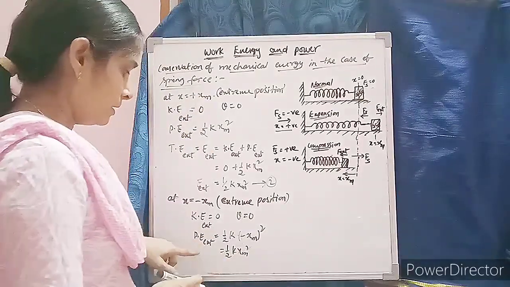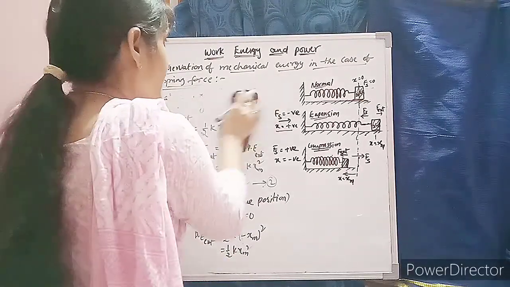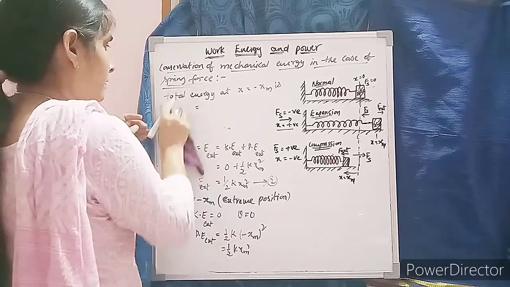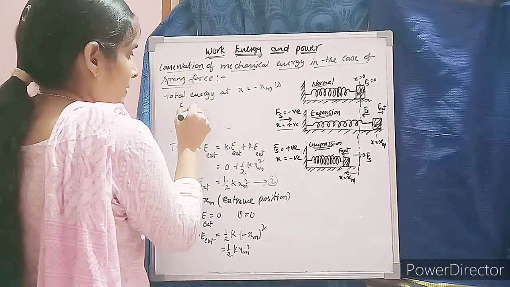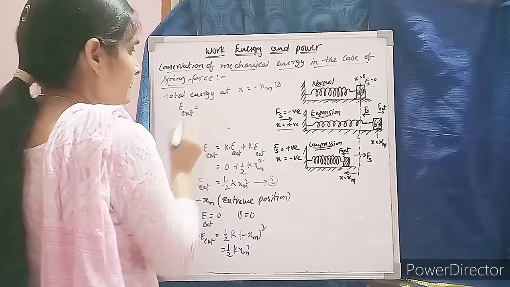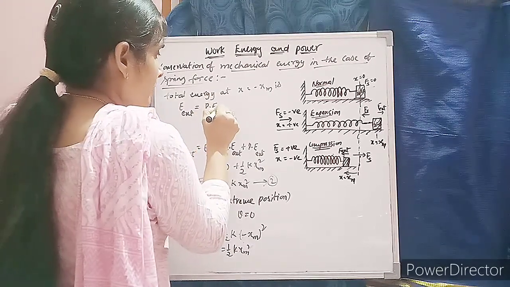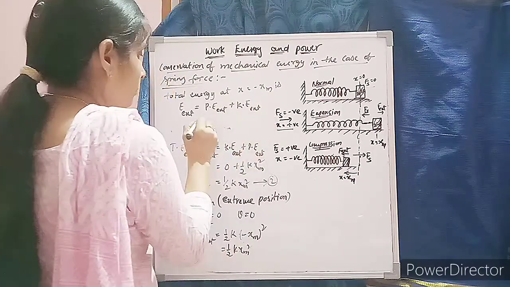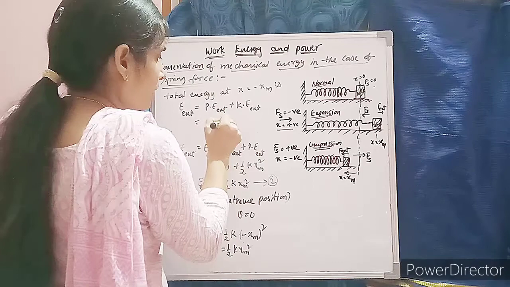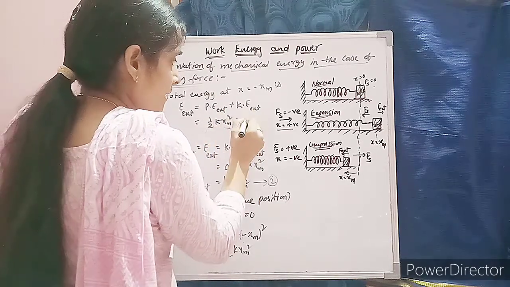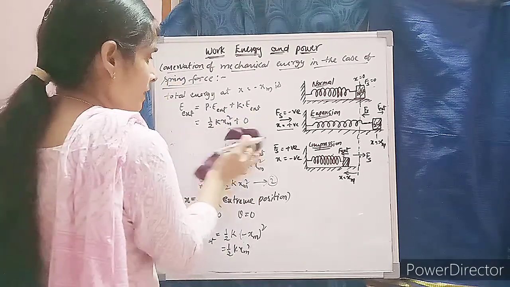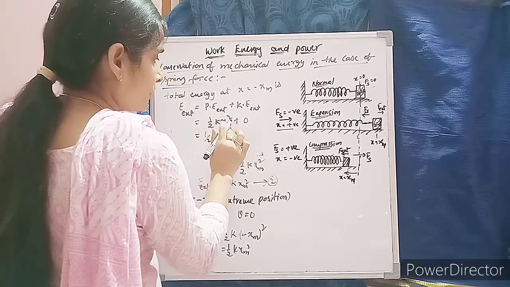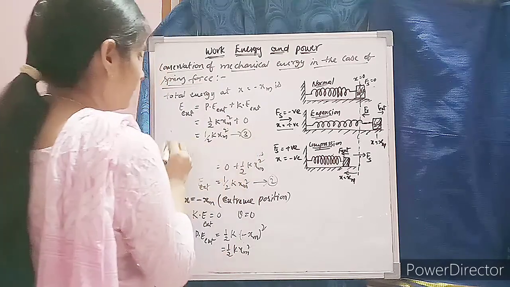So now the total energy at x is equal to minus xm, at extreme position, is potential energy plus kinetic energy, half k xm square plus 0. Now the total energy is half into k xm square. So this is equation number 3.